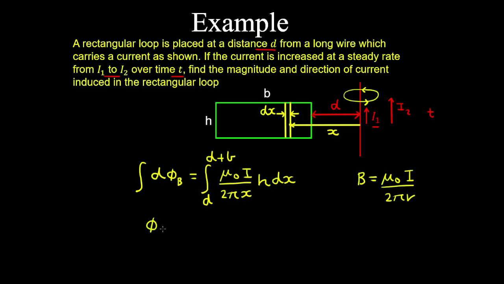So we get the total magnetic flux on that area by evaluating this integral. Taking the constants outside, we have mu naught I h on 2 pi, and then we're evaluating the integral of 1 on x, which is the natural log of x, from d to d plus b.